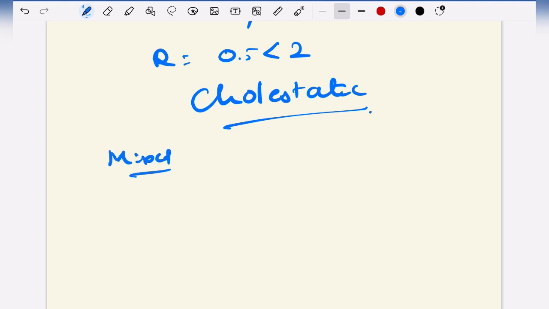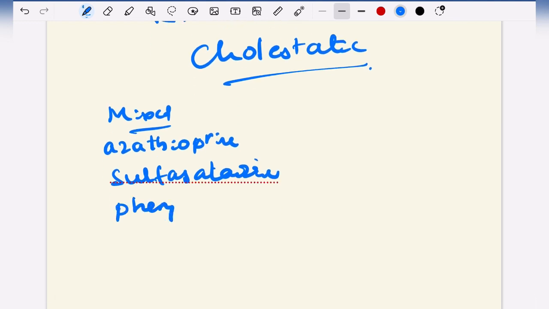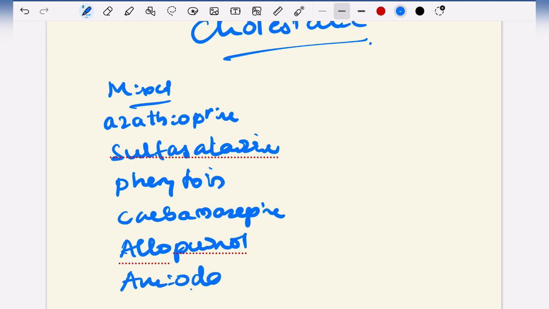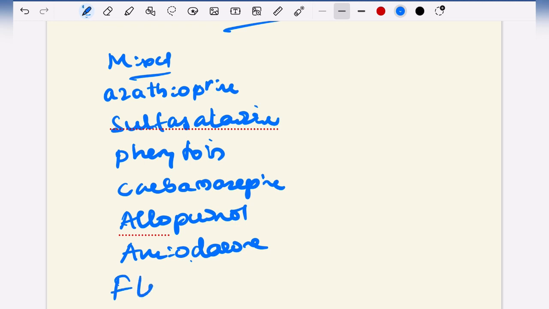Your azathioprine, sulfasalazine, phenytoin, carbamazepine, allopurinol, and amiodarone. Remember, amiodarone causes mixed type. And the last one is your fluoroquinolones.